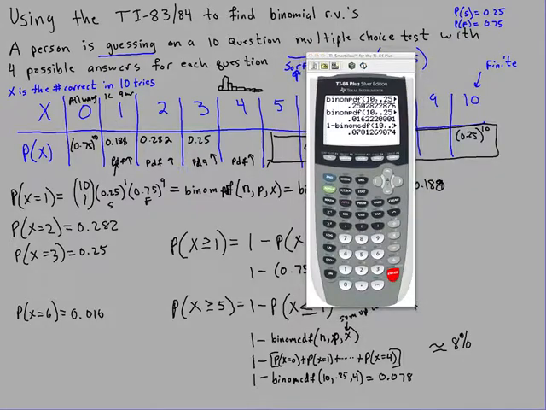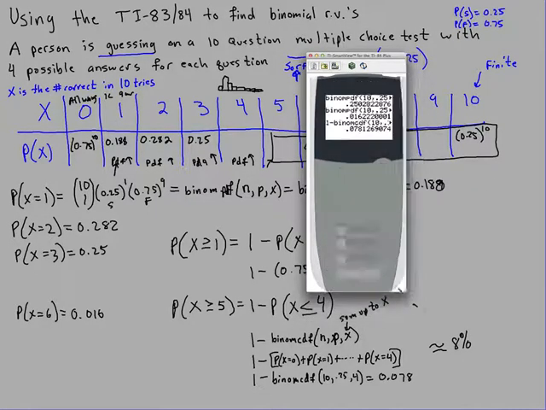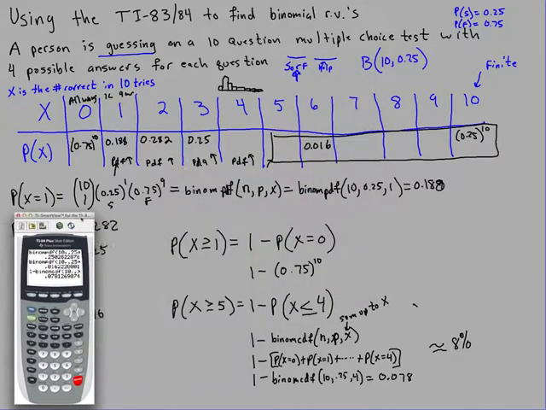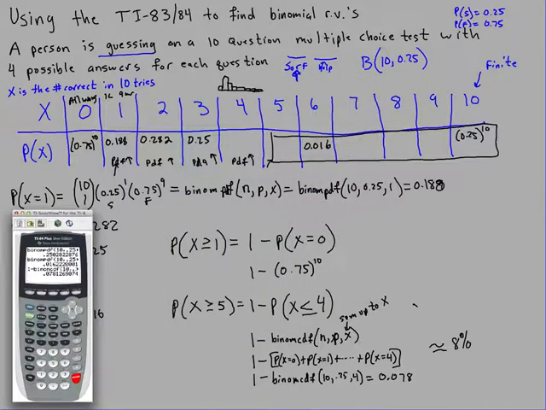Okay, well, I don't need that anymore. So let's do another one. And you should be kind of getting comfortable. Okay, so what if I said, what's the probability that you get at most, I'll write it out so you could get used to it.